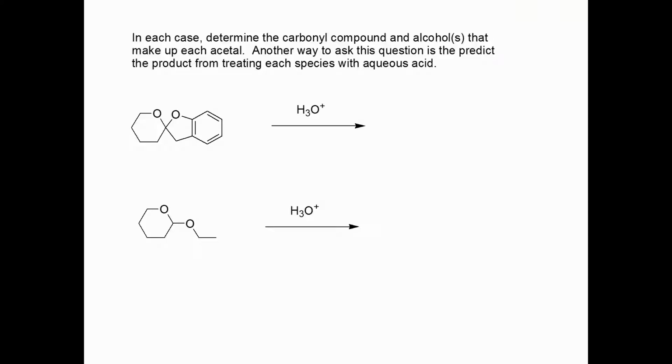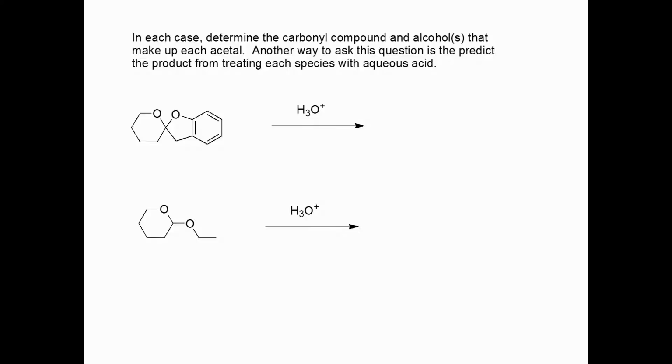So let's do a retrosynthesis question here. Let's think about which carbonyl compound is required to produce each of these species. And again, you should try this on your own. Pause the video and restart it. After you've done that, I'll go through the answers right away here.